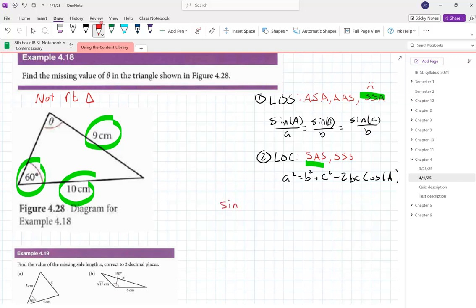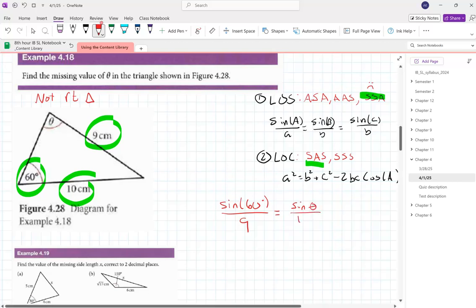So we can just say sine of 60 degrees over side 9 is equal to sine of theta degrees over side 10. The thing you need to remember about the formulas is that the side name and the angle name have to correspond.